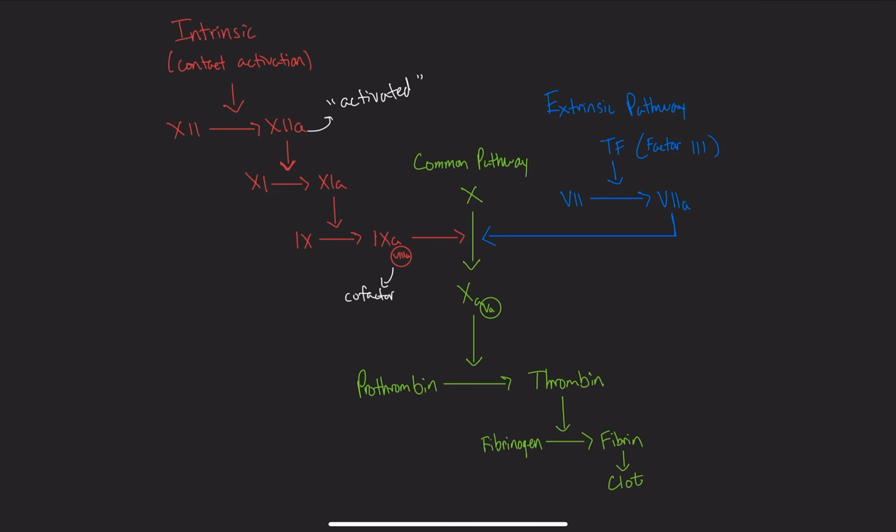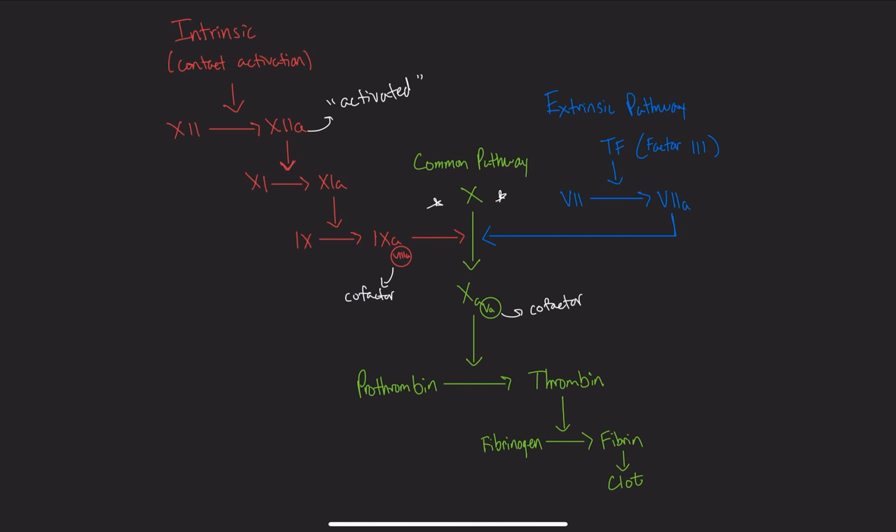That's going to turn factor 7 into activated factor 7. And activated factor 7 will also activate factor 10. So once we get here in the green with factor 10, we're now in the common pathway. We move down here, we have activated factor 10, once again, another cofactor, which is factor 5 of factor 10, helping to improve its function, right?